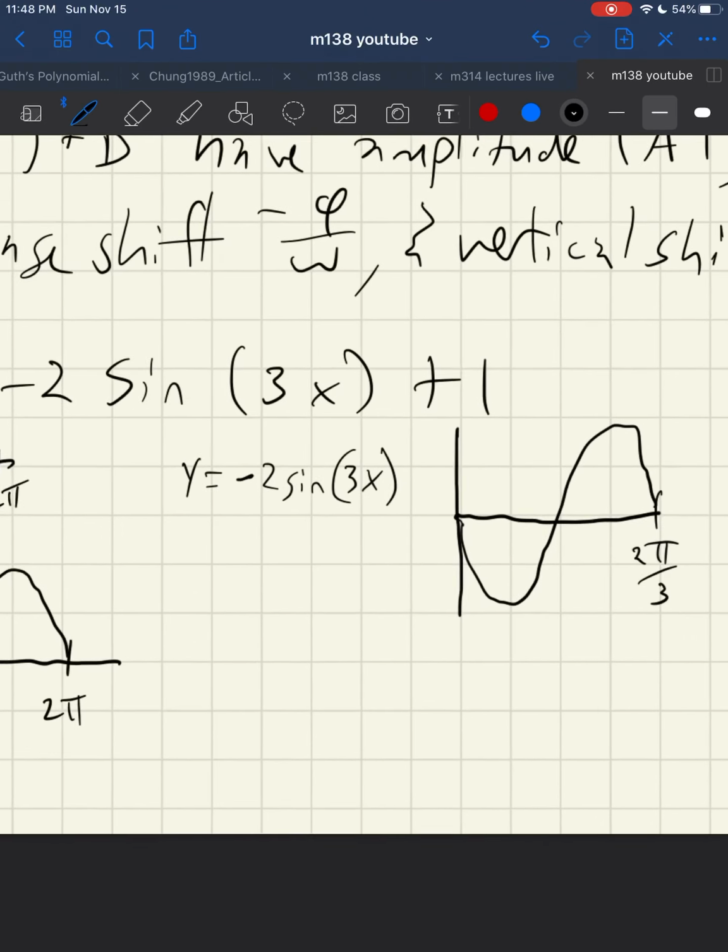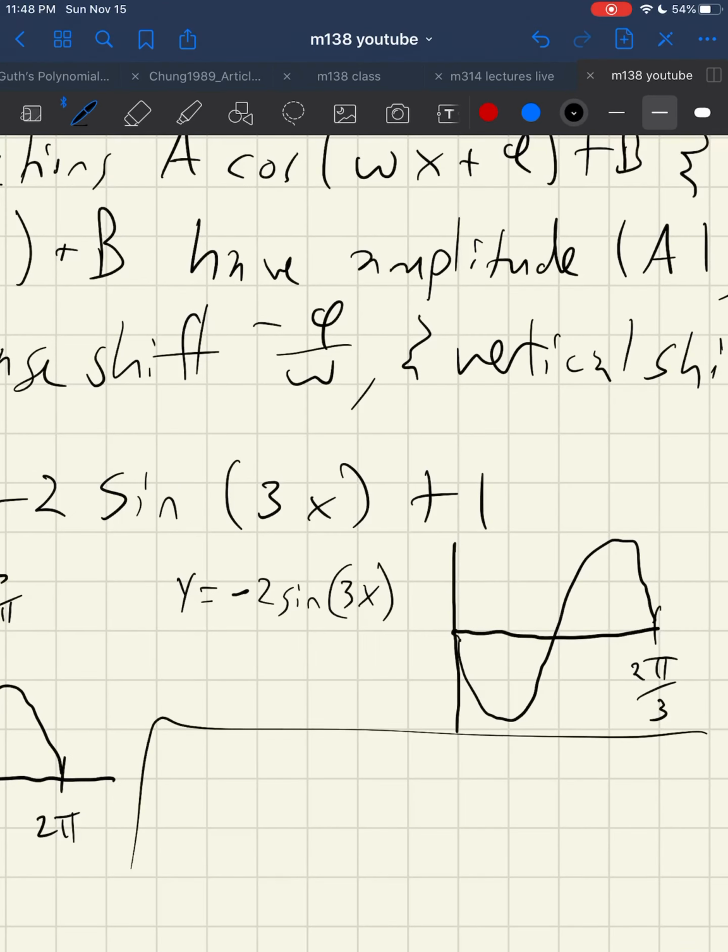And our final answer is going to be y equals -2 sine 3x plus 1. So it'll be the same sort of picture, except now instead of going between plus and minus 2 like this one, we're going to go up to 3 and down to -1 because this has been shifted up by 1.